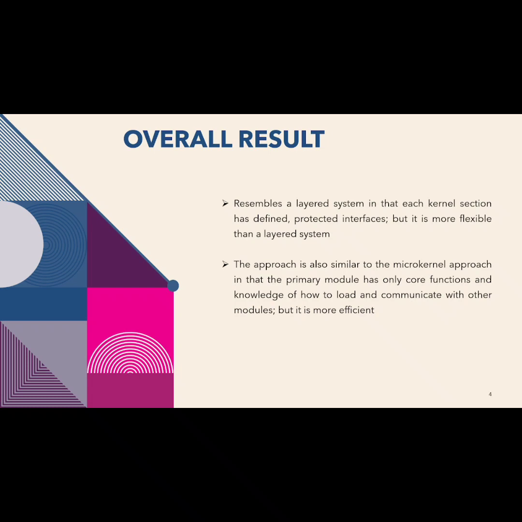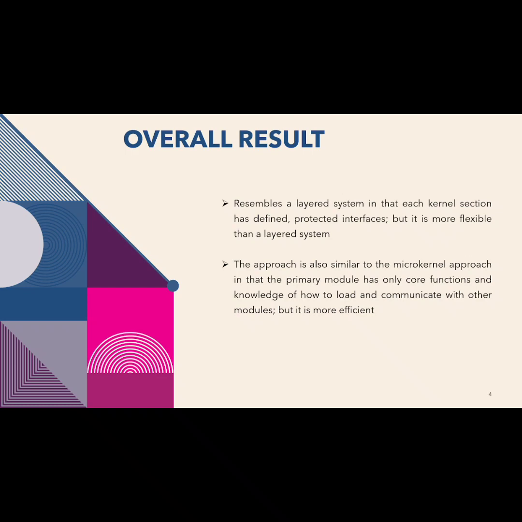The overall result resembles a layered system in that each kernel section has a defined, protected interface, but it is more flexible than a layered system because any module can call any other module.